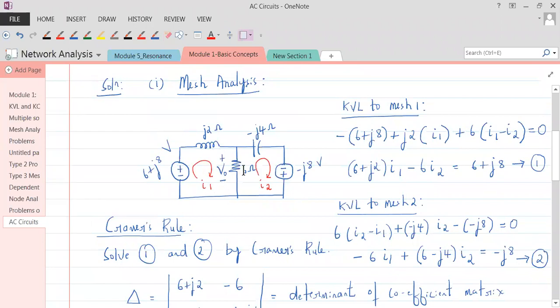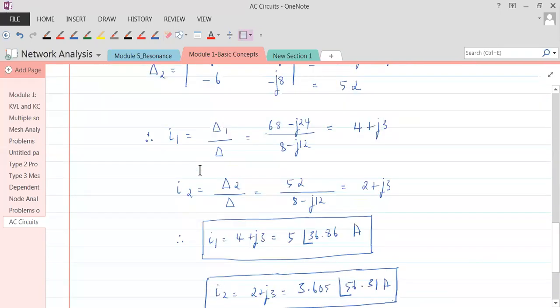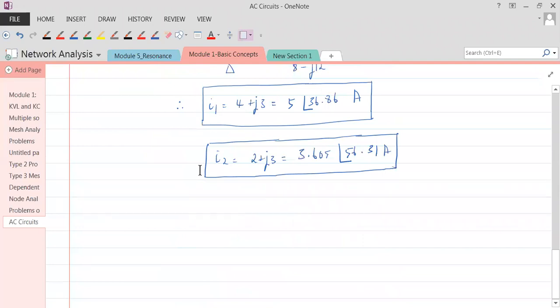So when you are writing the calculations, you can take this: 4 plus j3 minus 2 plus j3. Use your calculators or do something to get me the answer.